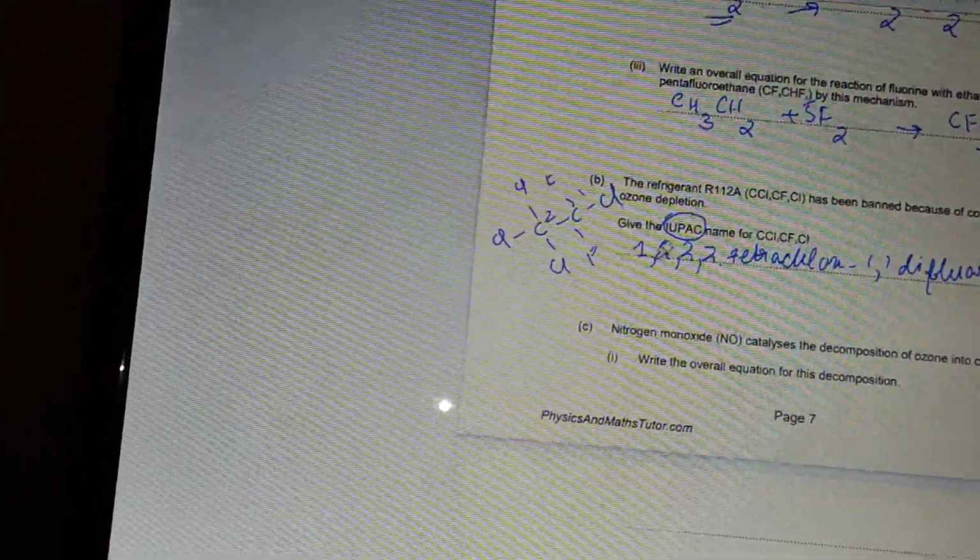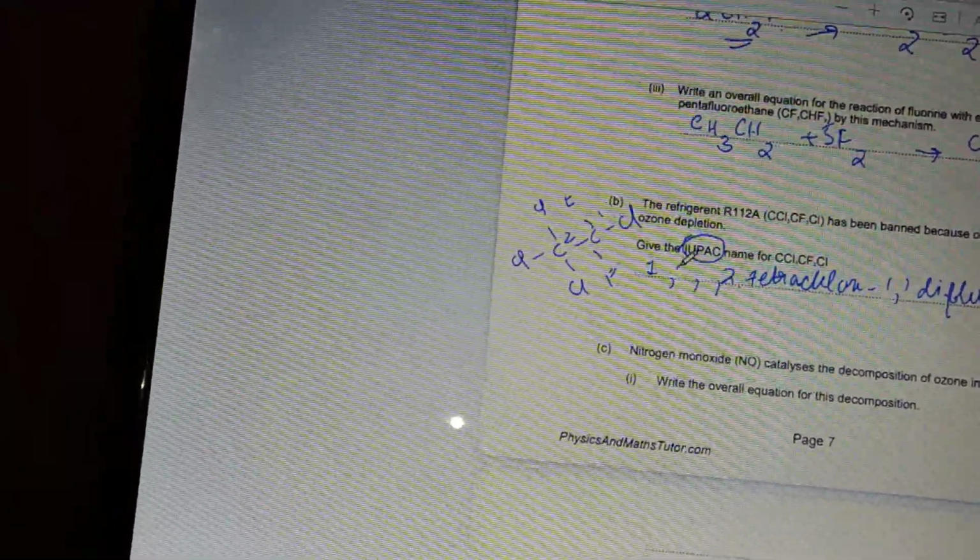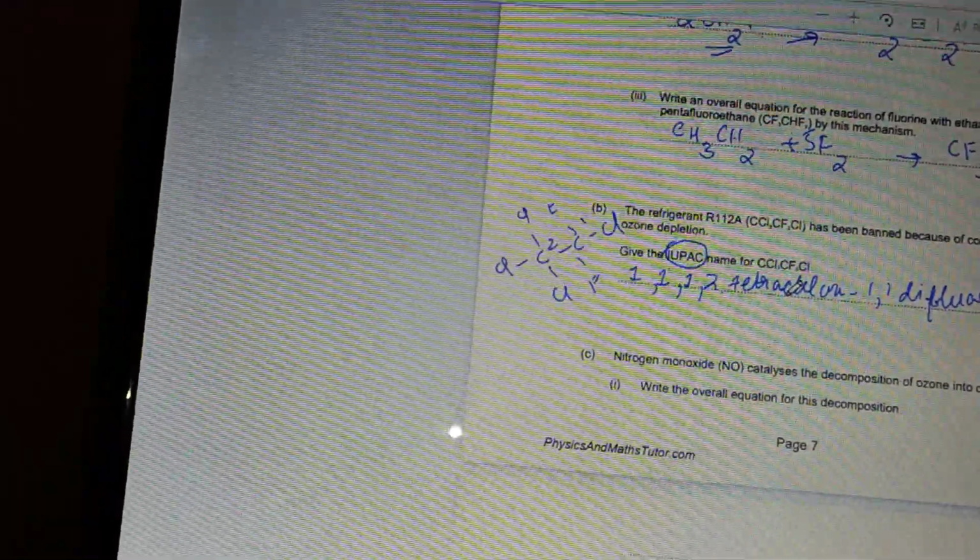So it will be 1, 1, 1, 2 tetrachloro, 2, 2 difluoroethane.